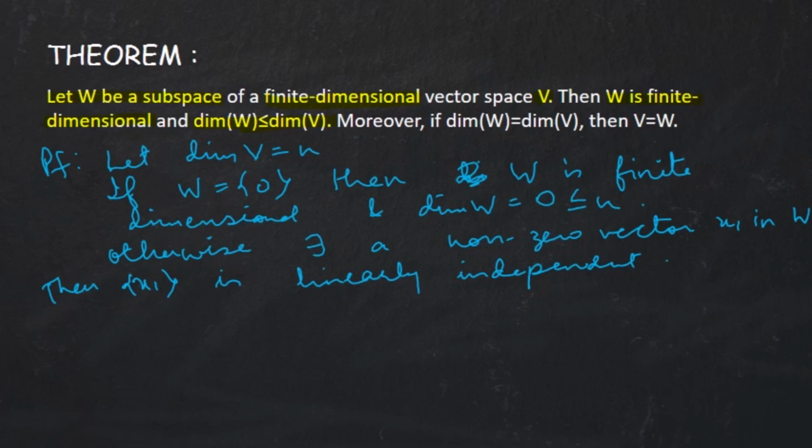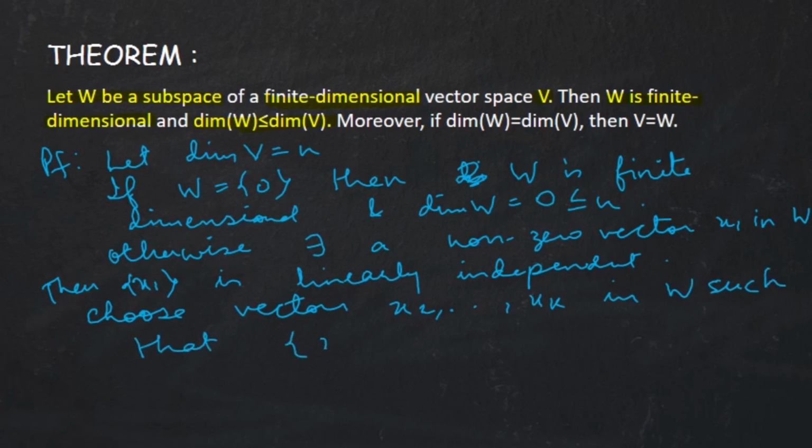So we choose vectors x2, x3 and so on till xk in W such that the set x1, x2, xk is linearly independent.